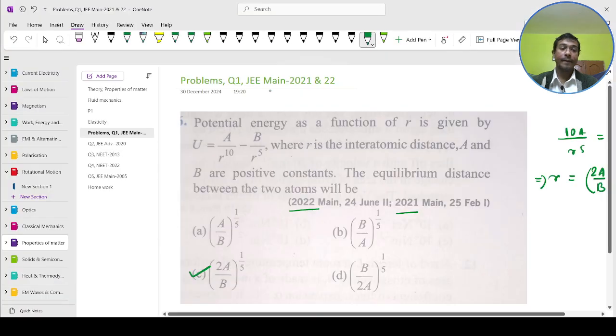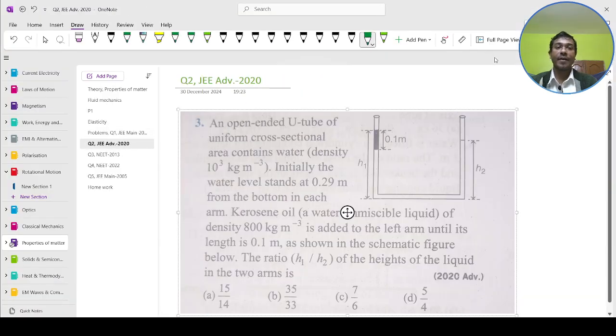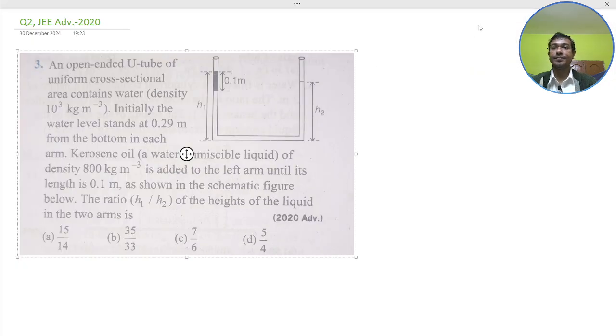Next, JEE Advanced 2020 says that an open-ended U-tube of uniform cross-sectional area contains water with density. Initially, the water level stands at 0.29 meter from the bottom of each arm.